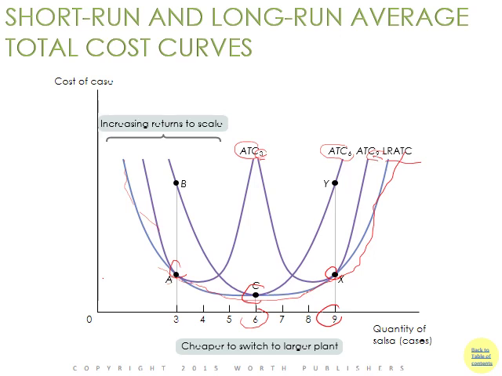And sometimes if average total cost is decreasing over this range of output, we say that this production relationship exhibits increasing returns to scale, because our long-run average total cost curve is decreasing. So over this range of output, between zero and roughly 5 units of output, our average total cost curve is going down.